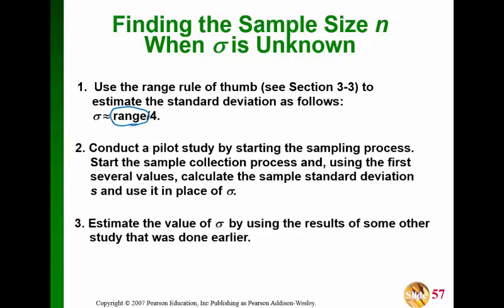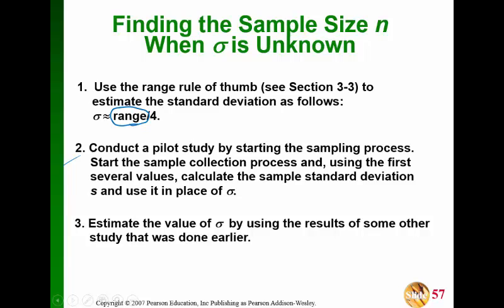Another way to estimate a standard deviation, not very practical, is to do a small study. Based on your study, you're going to get a standard deviation, and you'll use that for your study. I don't know if I would do that. I mean, that means I'm going to do a study anyways to find S, and then figure out your sample size, and then do another study with a more appropriate sample size.